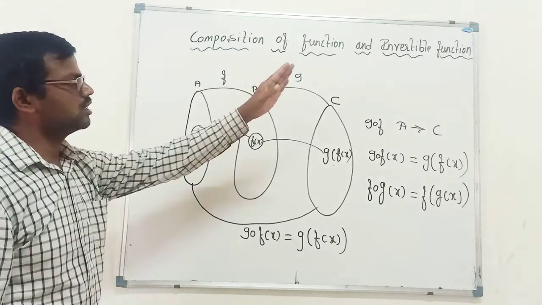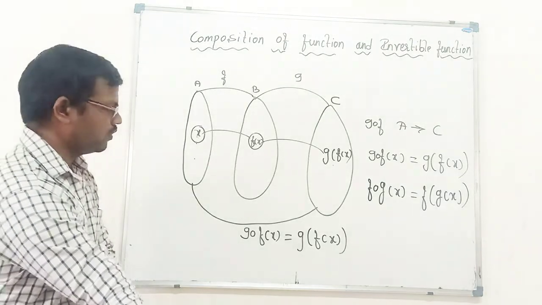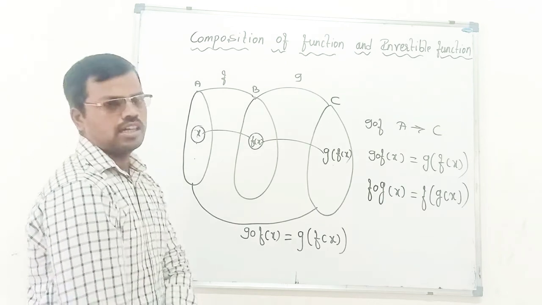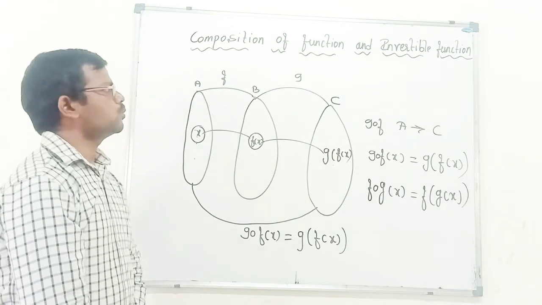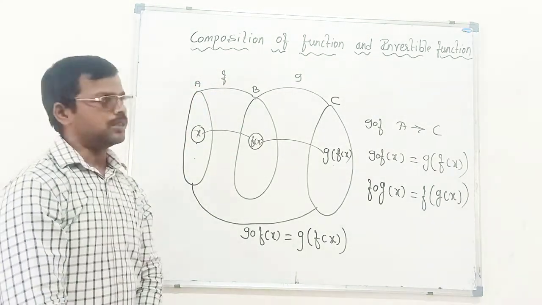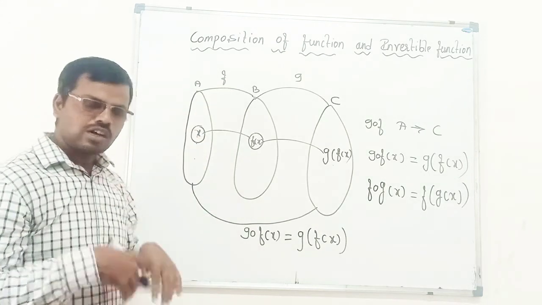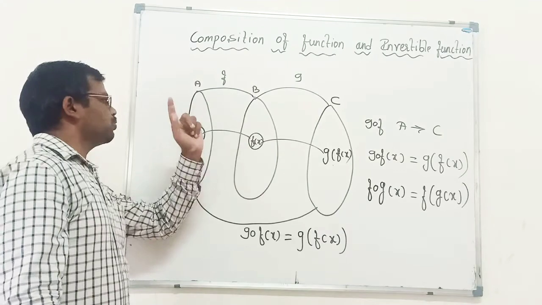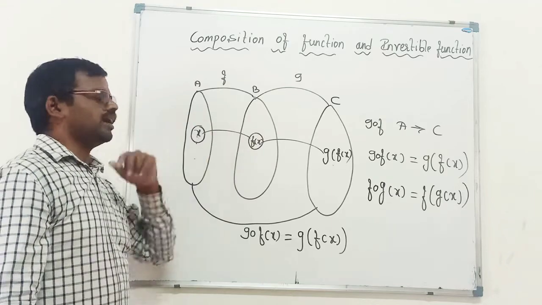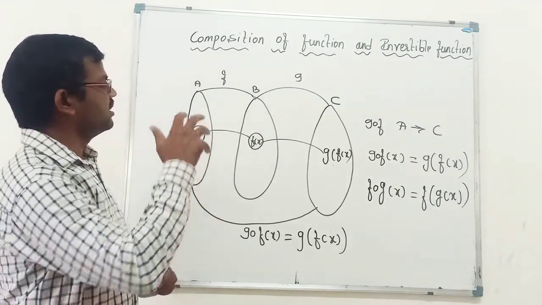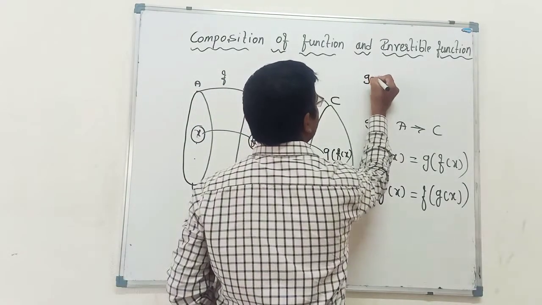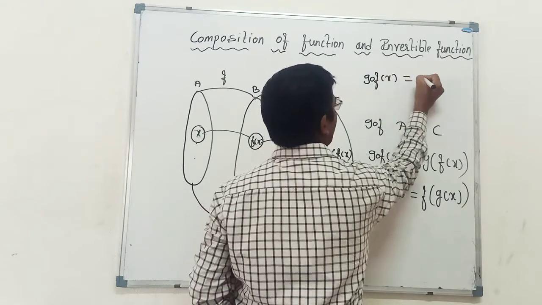So next we come to the invertible function. So if we define a composition of the function, later we move to the invertible function. Invertible function means what? Suppose we say f is a function from A to B is said to be invertible. For that function we have another function from B to A, that we consider as g. g is a function from B to A, such that if these two functions satisfy this condition, that is g composition f of x is equal to I of x.